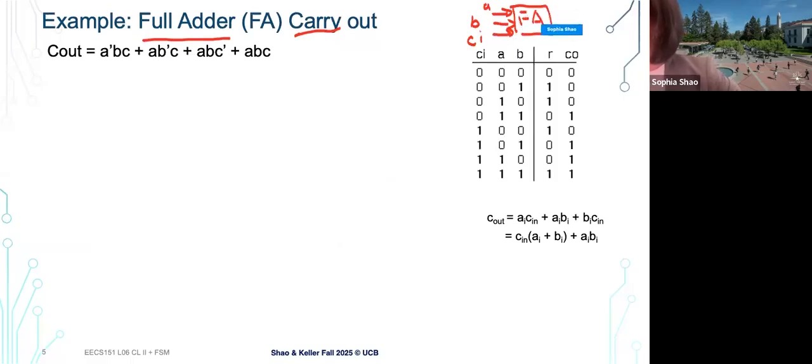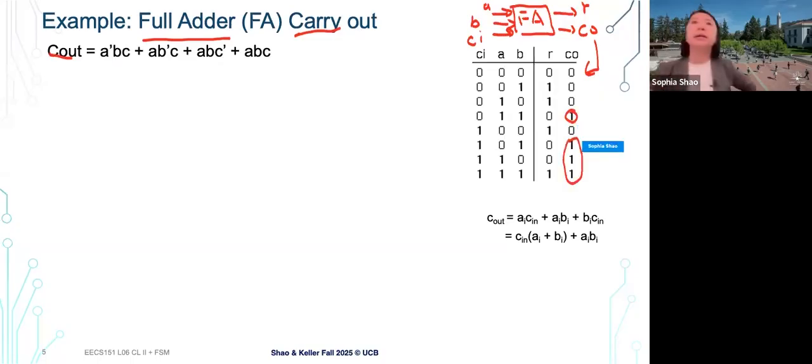In a full adder, we have the result and we have carry out. So that's our full adder design. As we discussed, we can write the truth table very easily to express the relationship. But now we want the carry out. For carry out, we find the rows where carry out is true, and then we can write the expression.